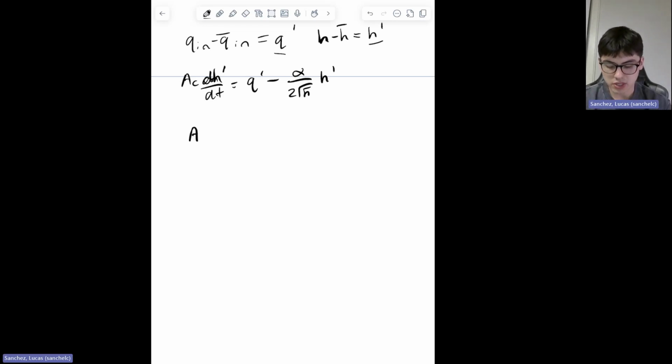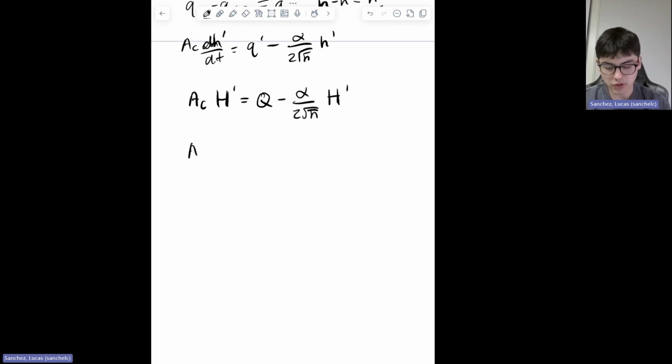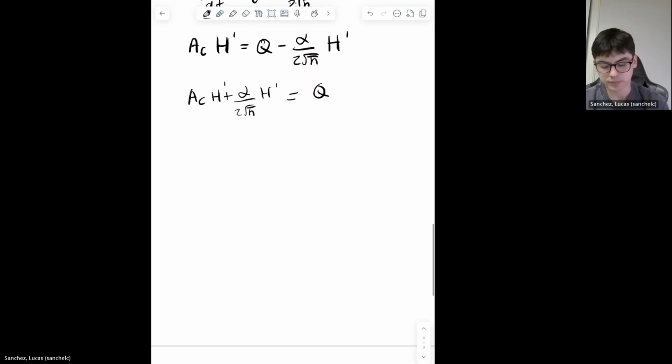So we say A_C dh/dt will be expressed as h prime, which will be equal to q minus alpha over 2 h bar times h prime again. So we simply move it over to the other side: A_C s h prime plus alpha over 2 square root of h bar h prime is equal to q.